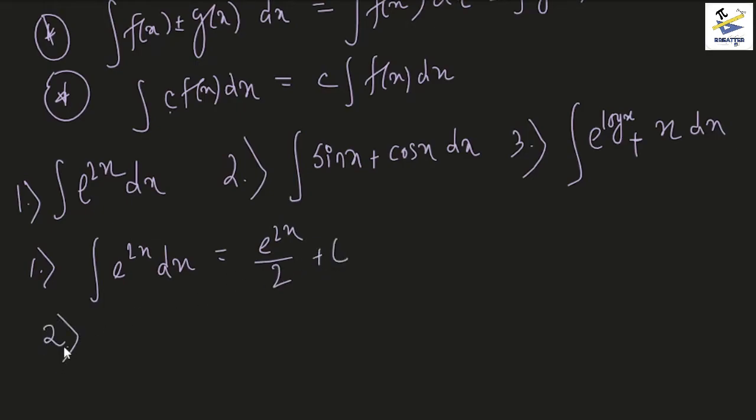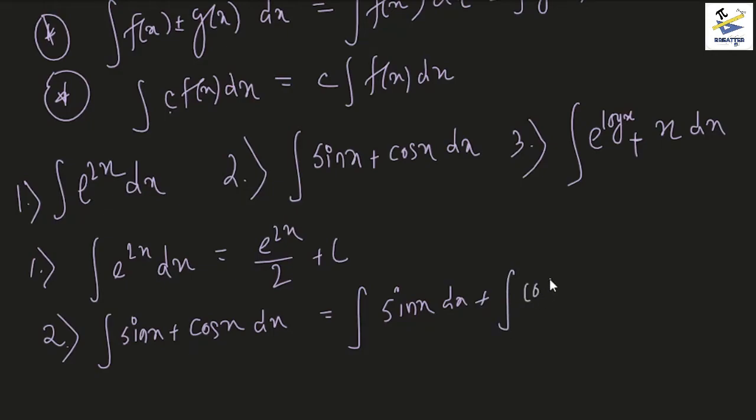Similarly, for number 2, we can write integration of sine of x plus cos of x dx as integration of sine x dx plus integration of cos x dx, as I already mentioned that we can separate functions which are in addition or subtraction form and integrate them separately.